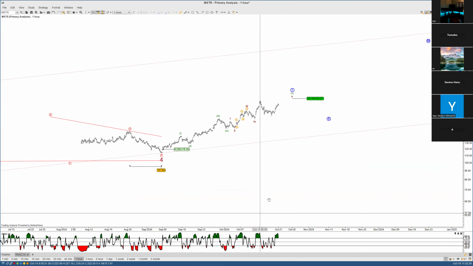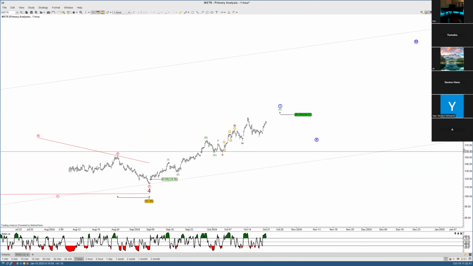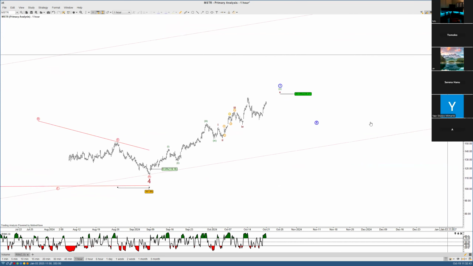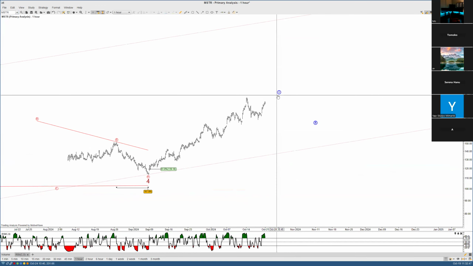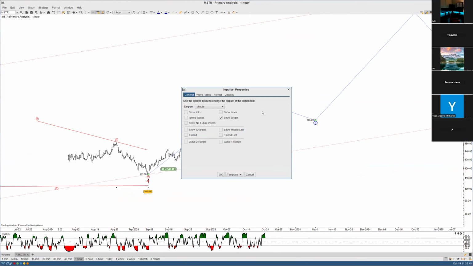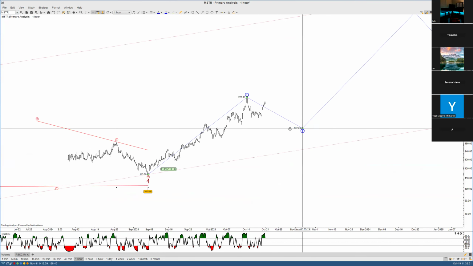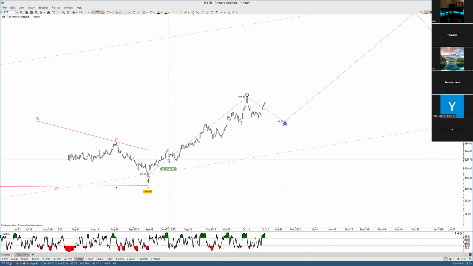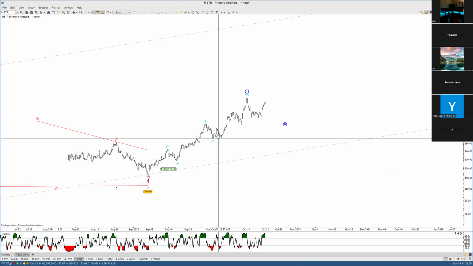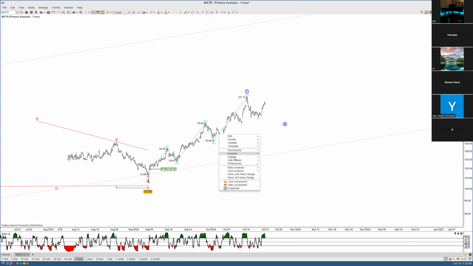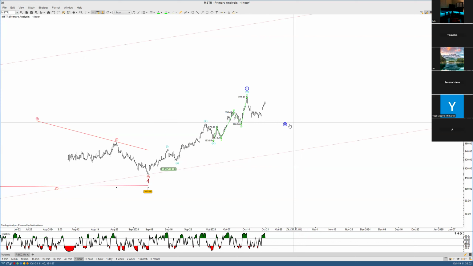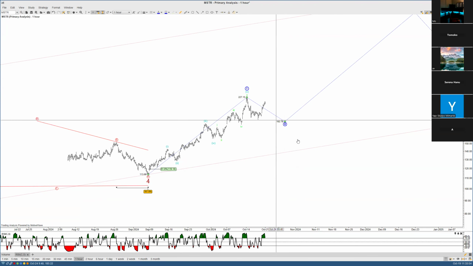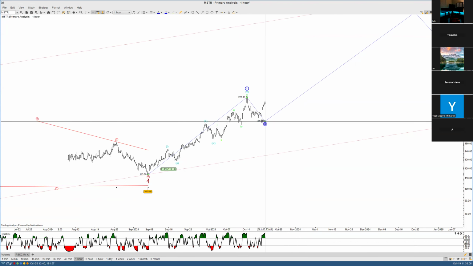Now we need to count 5 in 1. So this move is all of 5. Can we put 1 here? Make 2 here. But we don't have any signs of 2 yet. I had this here first like this, but now it could be. So is this all of 2?